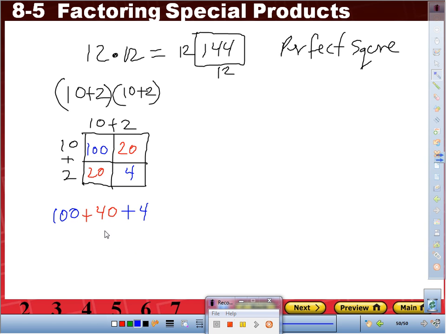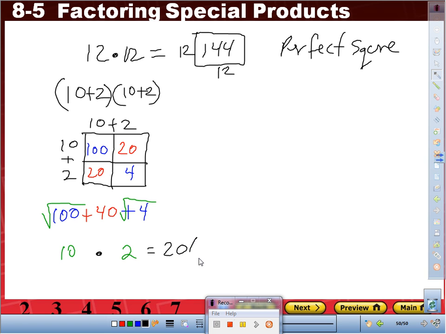So now check this out. Just pay attention, please. Everybody look up. There's a pattern as to how to check to see if this is a perfect square. Here goes the pattern. Square root of the first term. What is the square root of 100? 10. Square root of the last term. What is the square root of 4? 2. What is 10 times 2? 20.